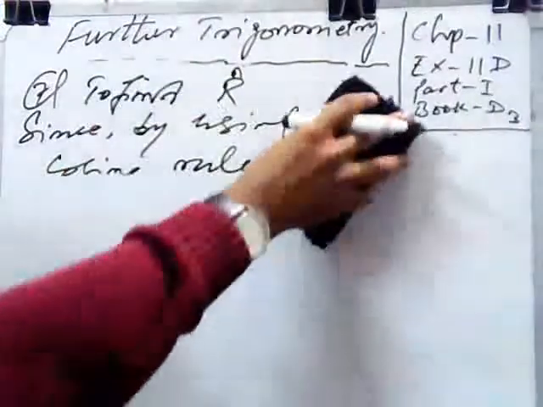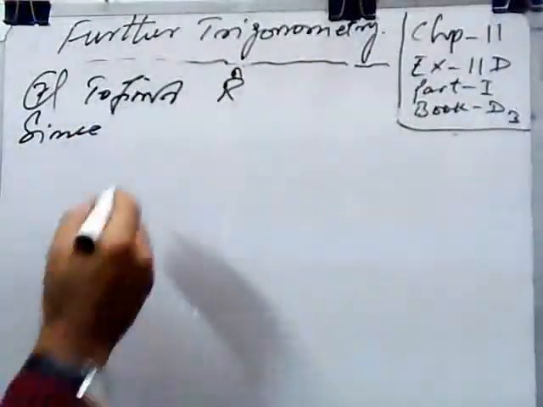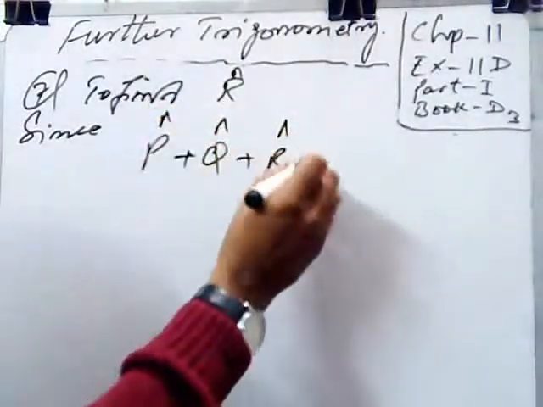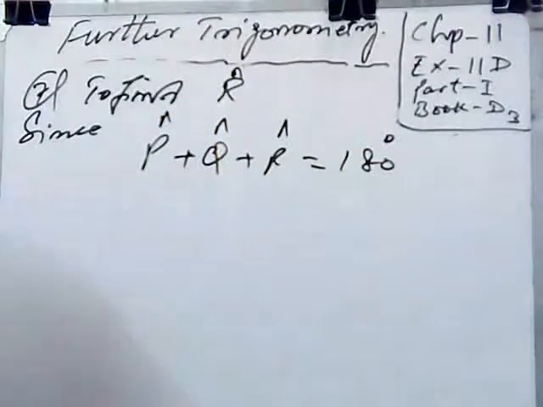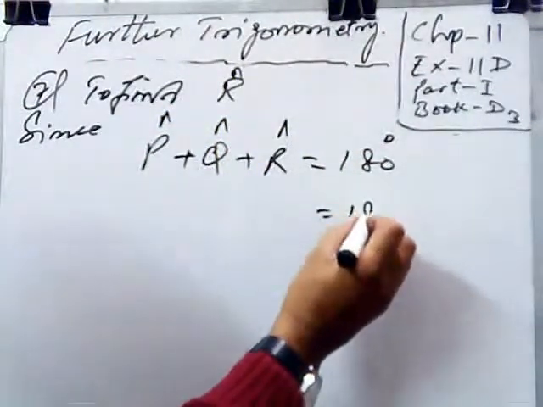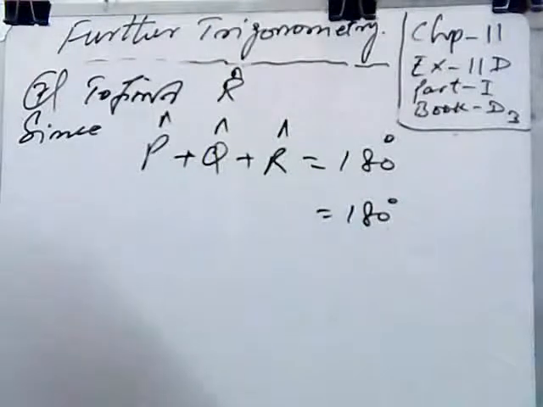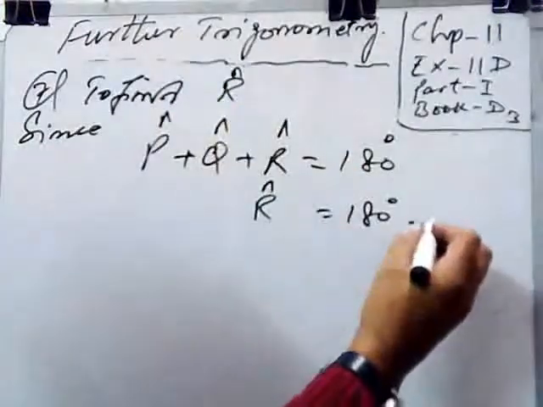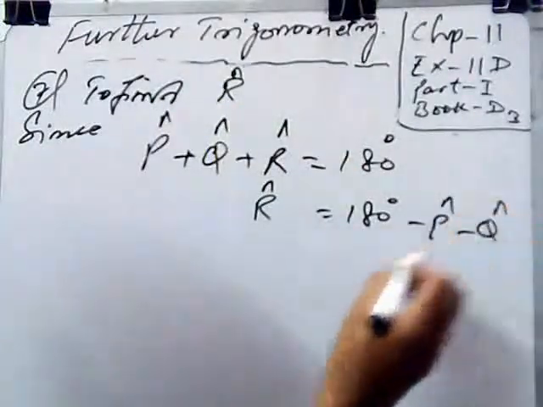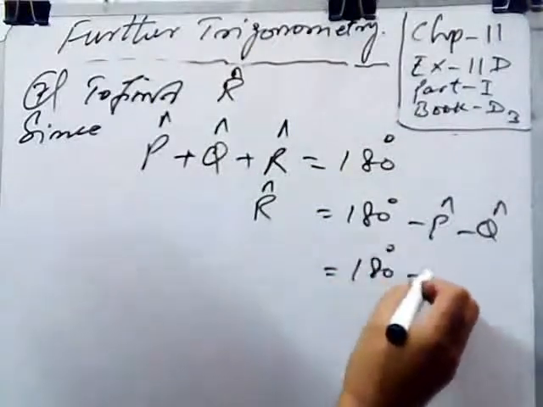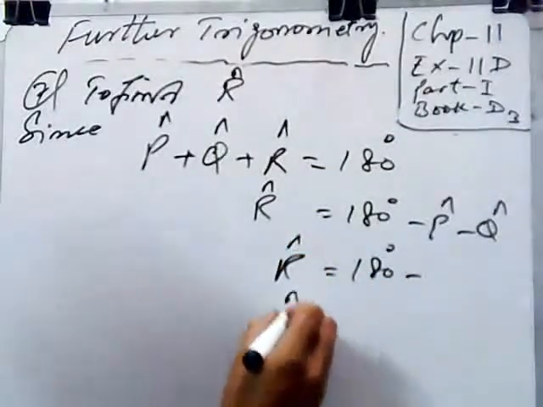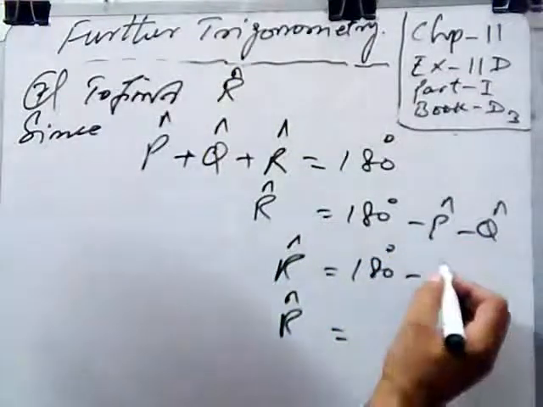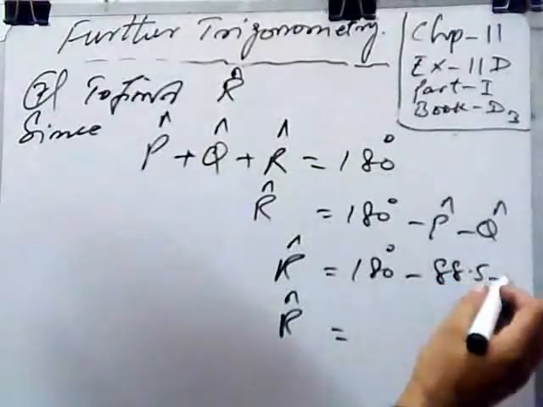So to find R, we have P plus Q plus R, and that property is very well known to us, that is equal to 180, the sum of interior angles. So you need R, leave R here and shift the rest: R is 180 degrees minus angle P minus angle Q. Put the values: 180, what is the angle P? The angle P is 88.5, and what is the angle Q?